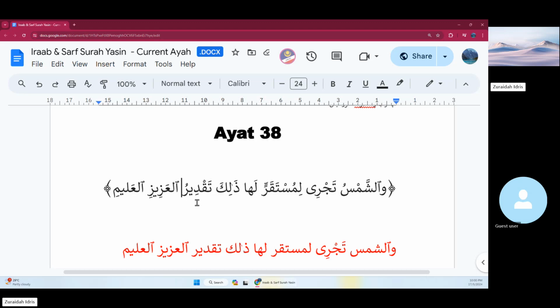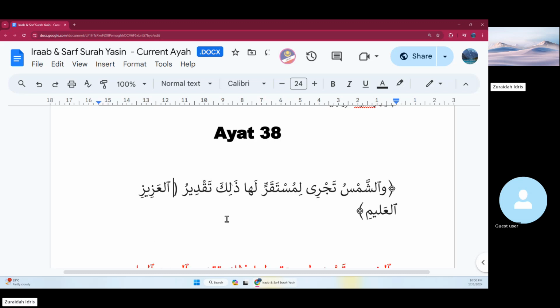So somewhere here is another mudaf ilayh, and it is the word of Allah, and it matches in this one. This is the first sifah of Allah. This is the second sifah of Allah.